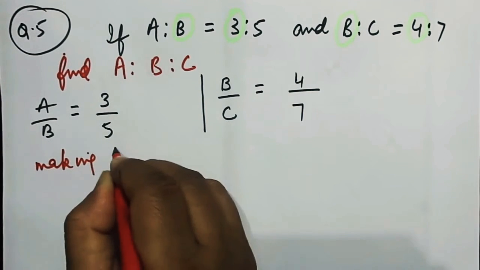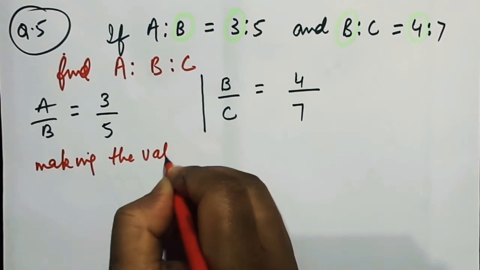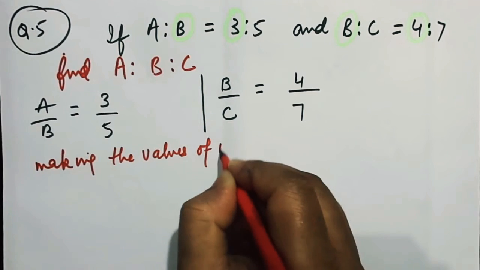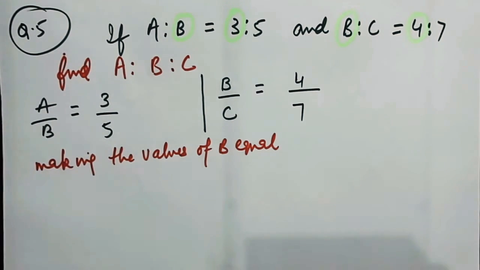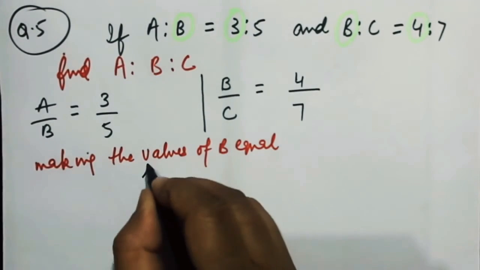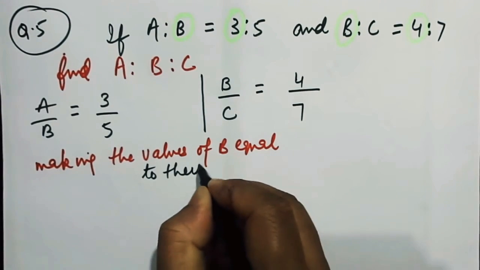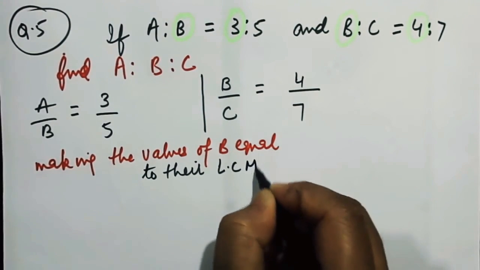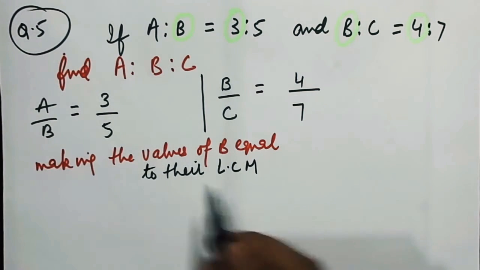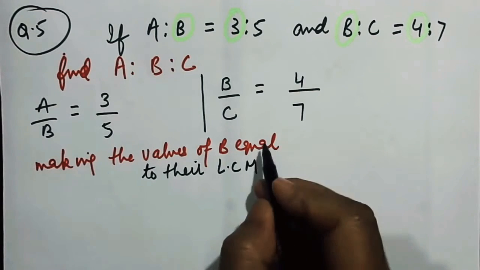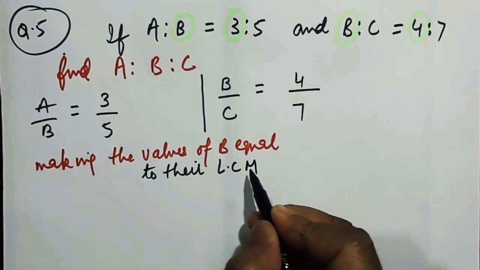Now it's very clear that I am going to make the values of B equal, and that should be equal to the LCM.